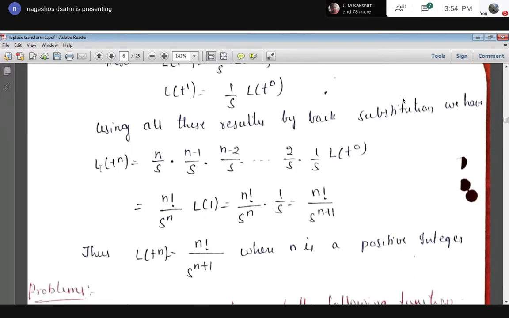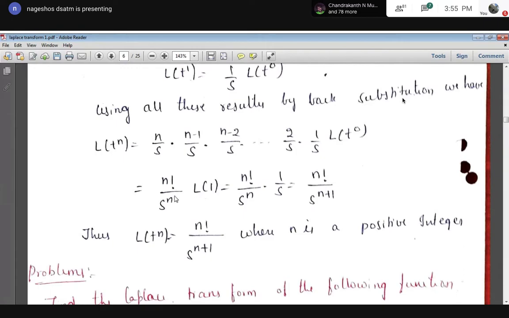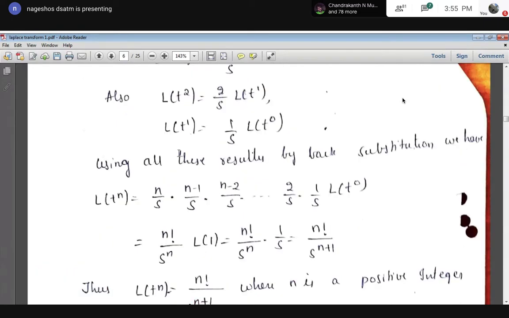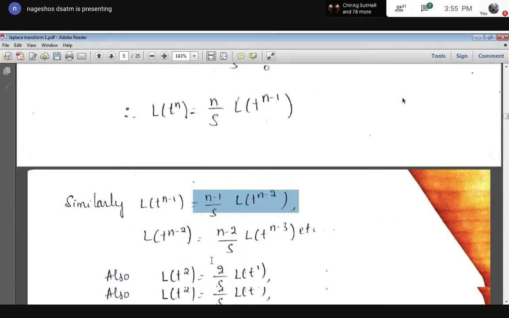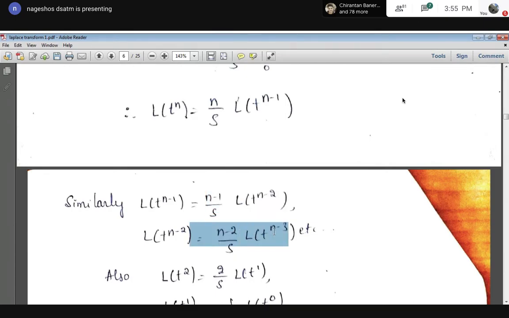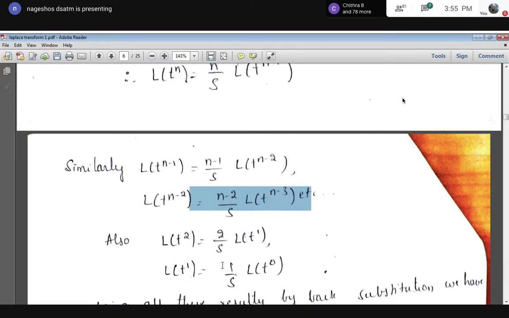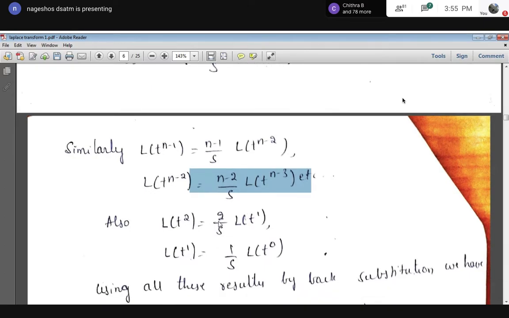Now, L of t power n equal to n factorial divided by s power n. Okay, back substitution. n by s as it is, in place of this, write this, n minus 1 by s as it is, in place of L of t power n minus 2, write this. Then in place of L of t power n minus 3, write this.